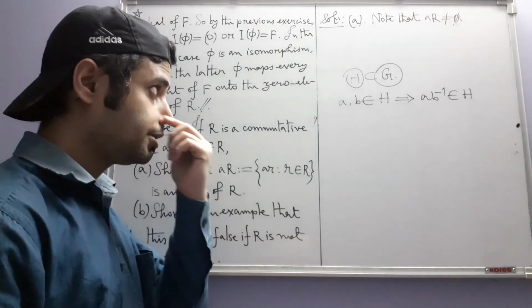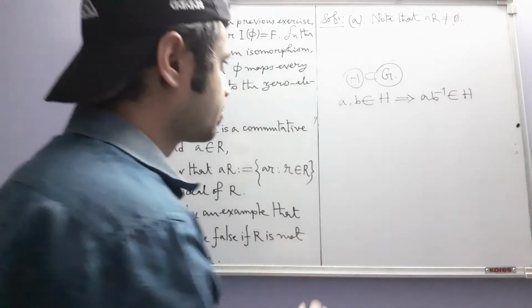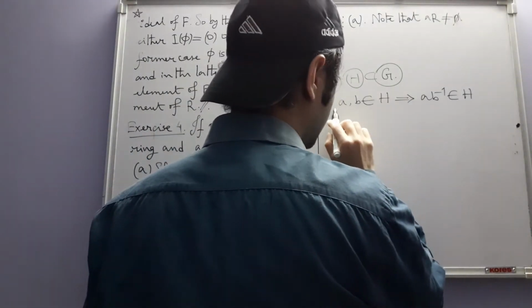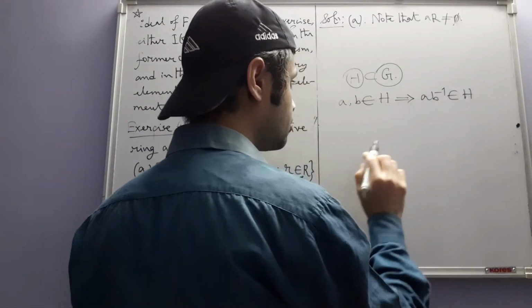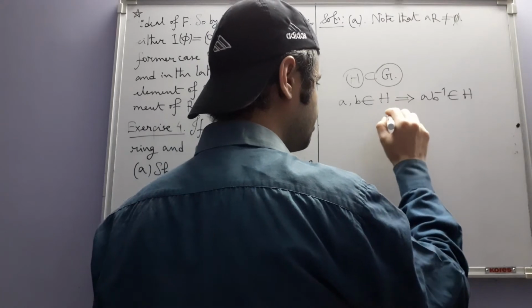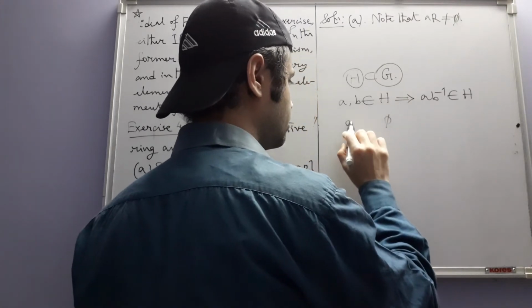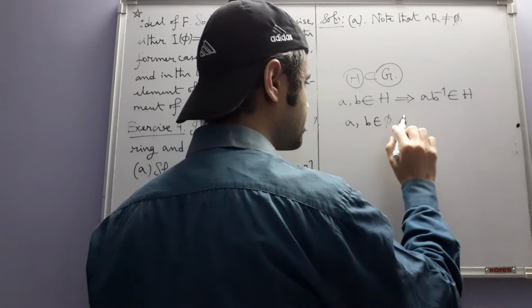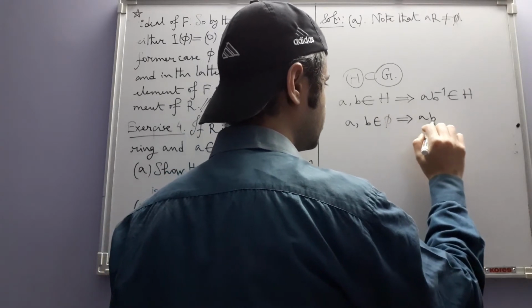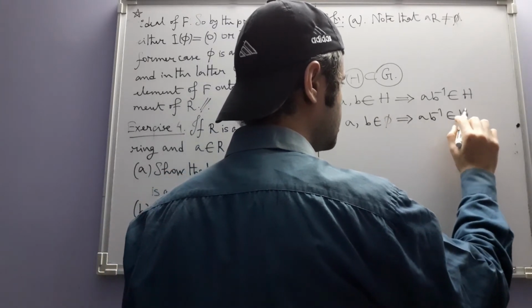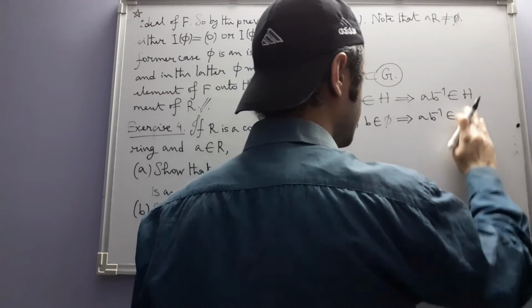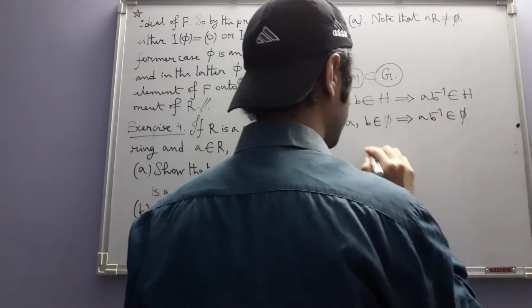Okay, the empty set cannot be a subgroup. So now this condition is true, unfortunately, for the empty set also. You can probably understand how this is true. This implication is vacuously true.